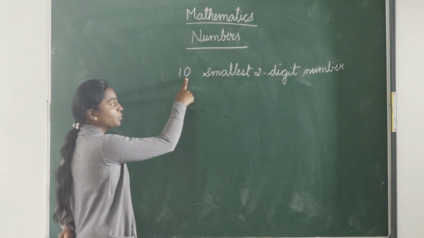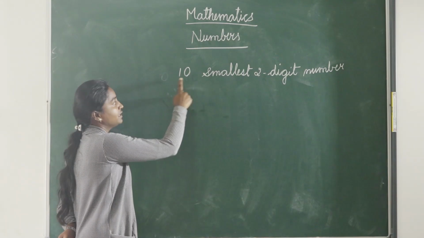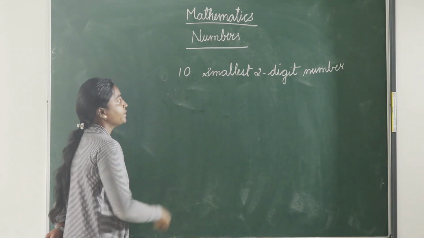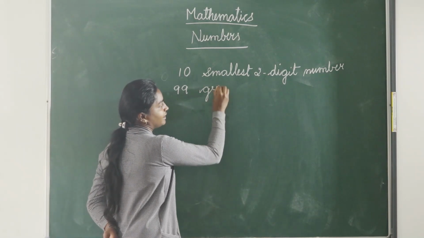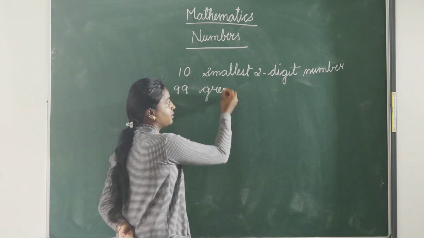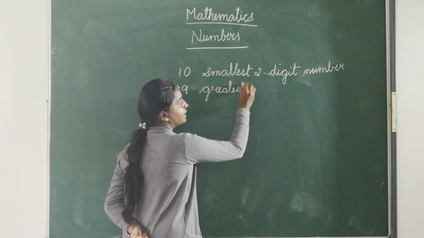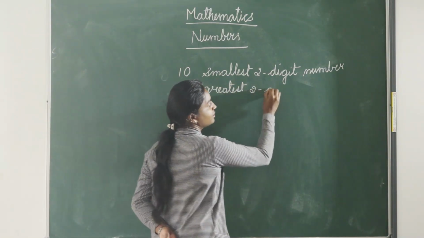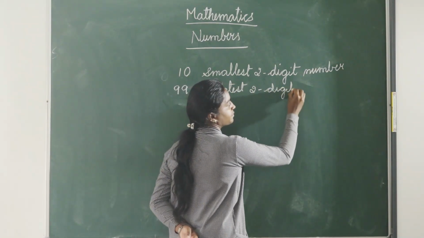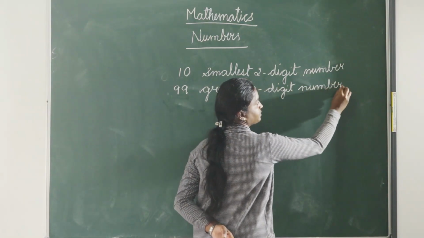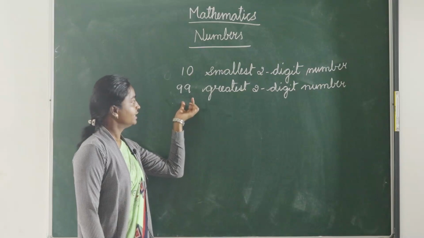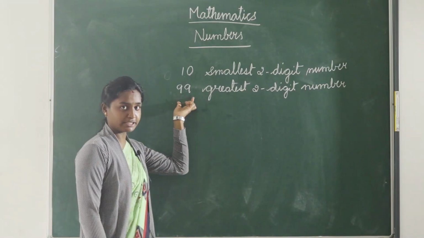So it is ones place or unit place, and it is tens place. Then 99 is the greatest 2-digit number.